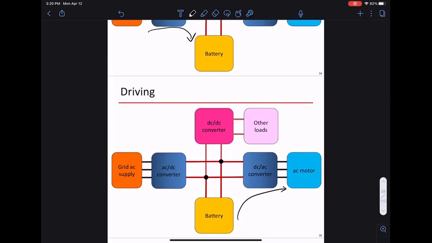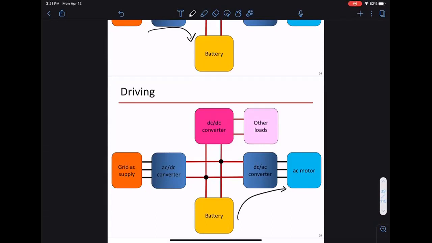A lot of times it's the same motor you will find in other vehicles, or it has undergone a little bit of design, but not much. A lot of innovation is actually in the electronics, in the converters. So a lot of times you spend more effort designing the DC to AC converter, and not as much time on the motor, because induction motors are very well developed technologies.